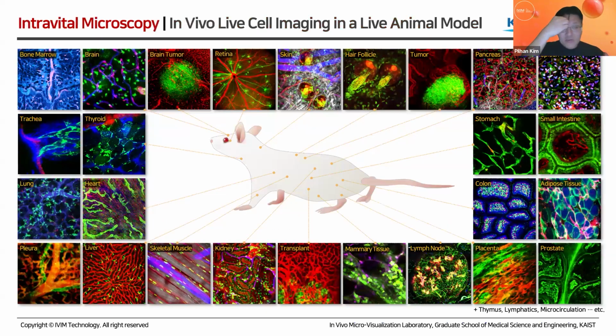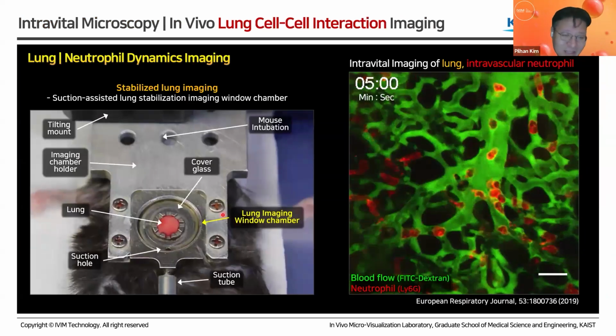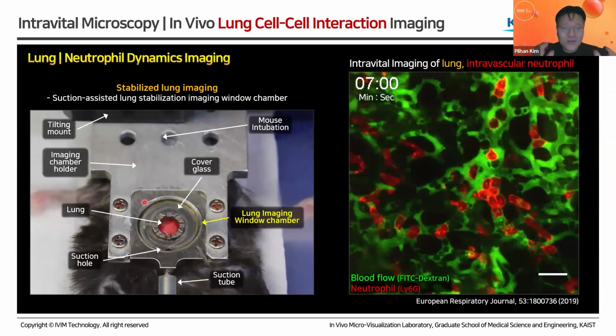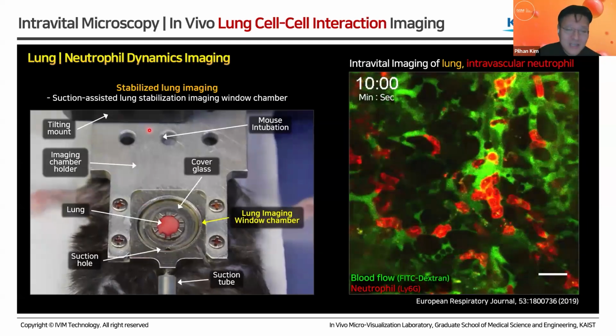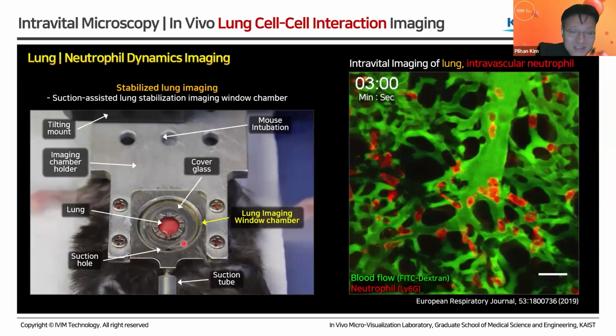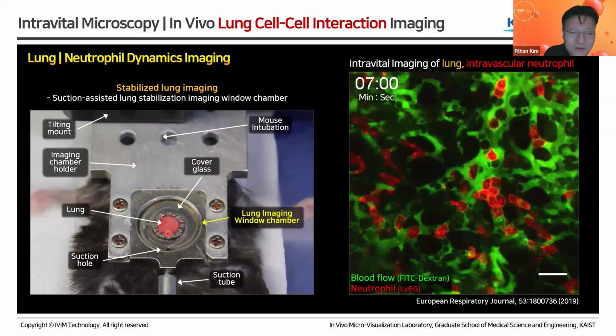So from now on, let me quickly show how we image all these different organs. First, let me begin with the lung, which I showed in the beginning. In the case of the lung, we still need some additional device, which we call the stabilized lung imaging window. As you can see, the lung is always moving because the mouse has to breathe air, right?